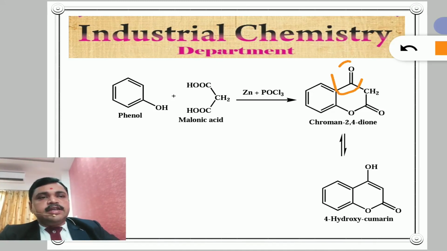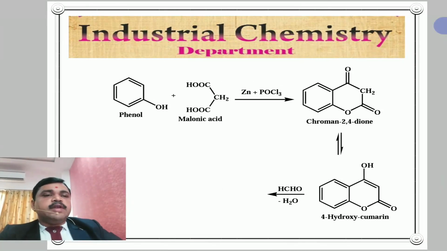This coumarone-2,4-dione on rearrangement, as we see in detail in the reaction, this oxygen gains hydrogen and the double bond is removed. We get 4-hydroxycoumarin. This is the structure of 4-hydroxycoumarin. Numbering starts from this oxygen: 1, 2, 3 and 4.